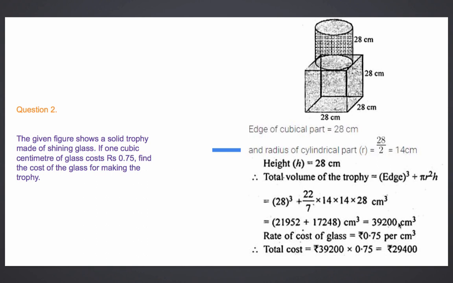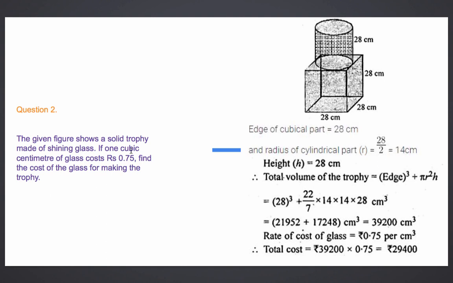So firstly, let's calculate that. Side cube, 28 cube, plus pi, 22 upon 7, radius 14 centimeter, and the height given clearly in the figure, 28. Working out the calculation, this much comes out as the total volume of the trophy.